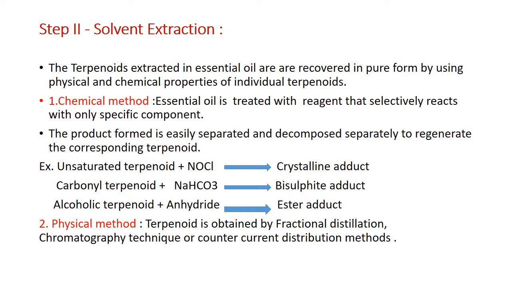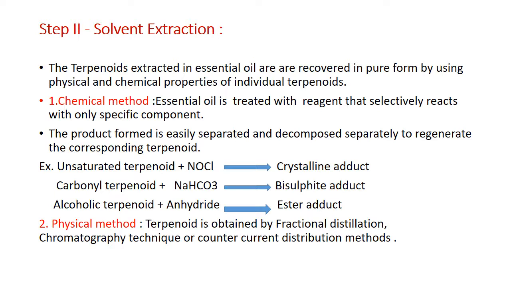The product is a crystalline adduct, meaning the addition product. When a crystalline adduct forms, it indicates that the terpenoid contains a double bond, meaning it is an unsaturated terpenoid. In this way, you have to conclude.